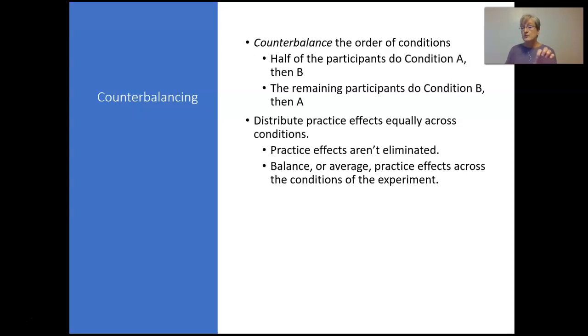When we detected that there were none, that the difference between the two groups at the two different points in time were non-significant, then we were able to say, okay, practice effects have been controlled for. Not eliminated, but controlled for. And then we could move forward.